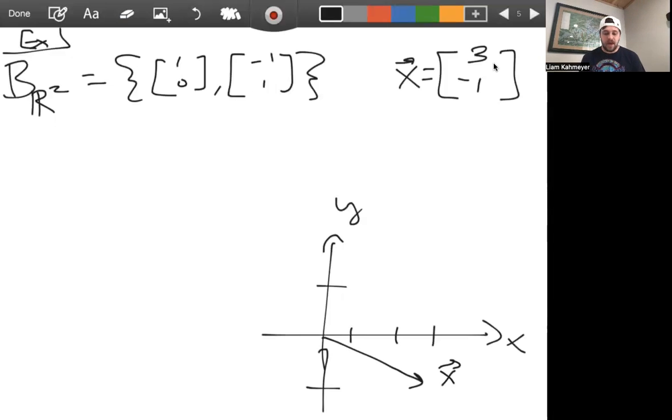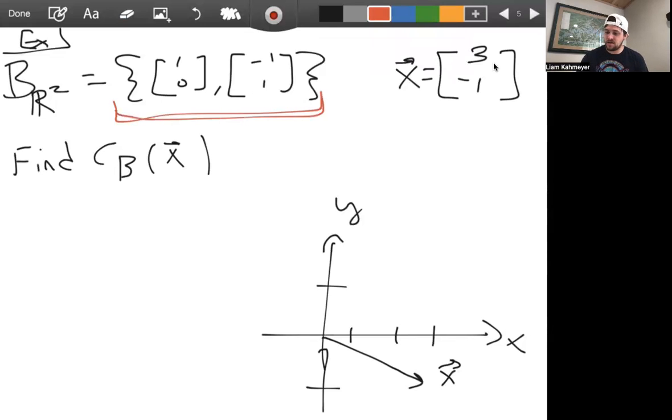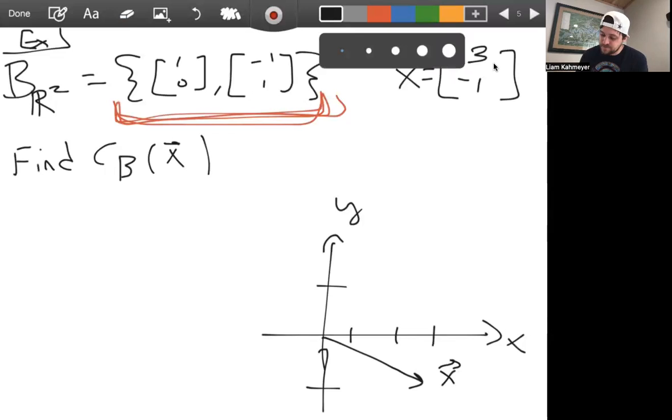But we want to describe X. Let's find C_B of X, which is describing this vector X as a linear combination of basis elements in this different basis here, right? So what do we need?